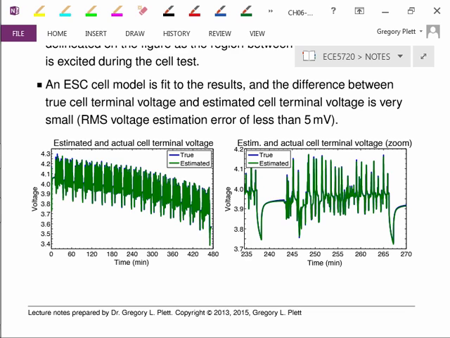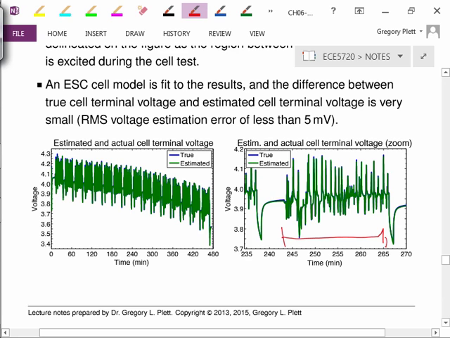The right plot is for one UDDS interval plus, you can see the discharge pulse and rest immediately preceding and following that UDDS profile. There's very good modeling, very little mismatch. The RMS estimation error in this case was less than 5 millivolts.